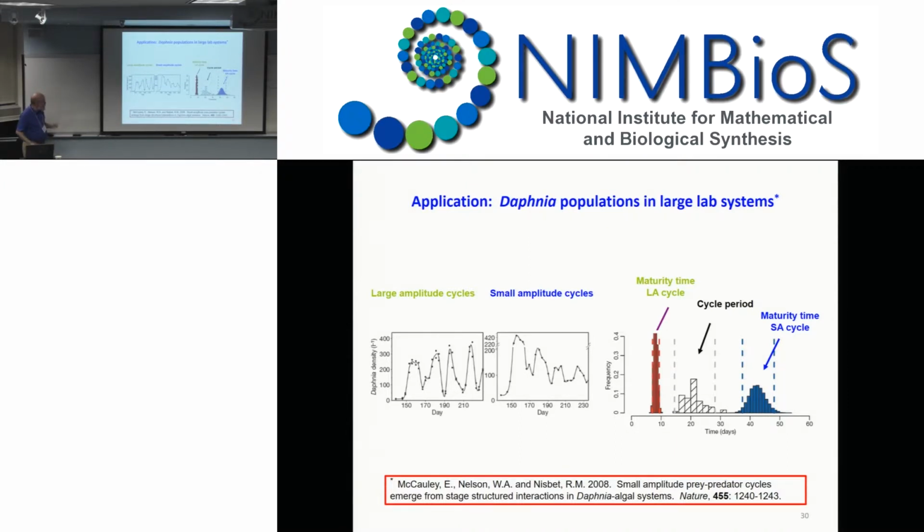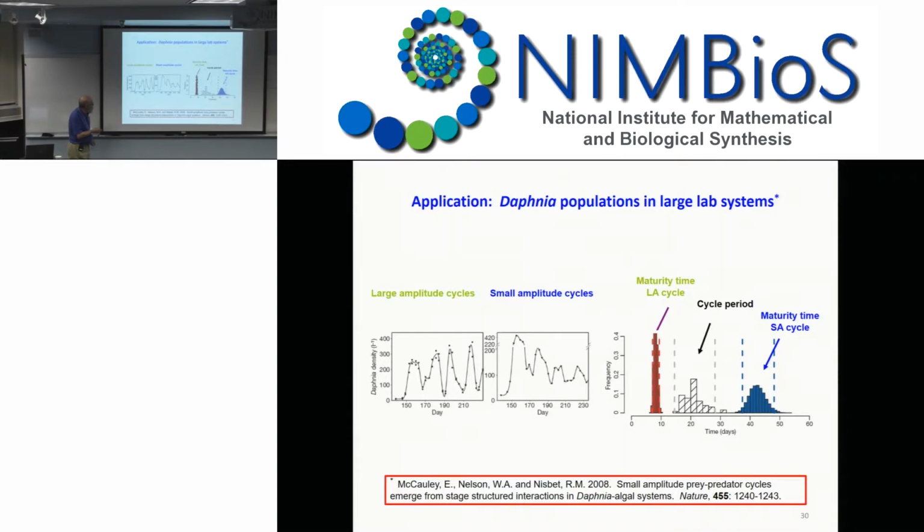informative. And this was some work in the lab of Ed McCauley a bit over 10 years ago. He did a bunch of experiments in large tanks on Daphnia and discovered evidence of two different attractors. The population either settled into what we called large amplitude cycles, which are just like the predator-prey cycles in the Rosenzweig-MacArthur model that Angie mentioned, or you got a very different type of population cycle that had a small amplitude.